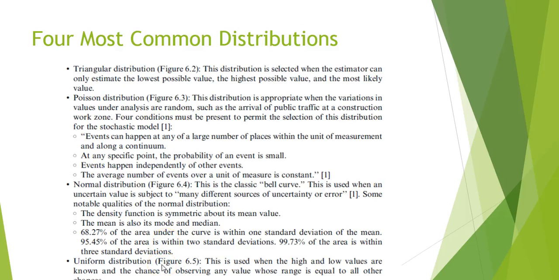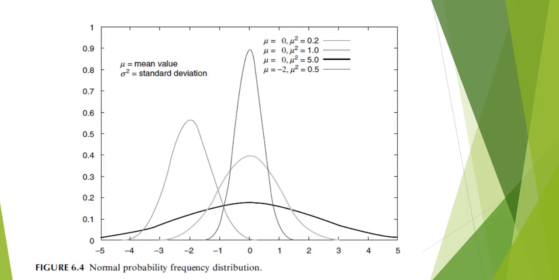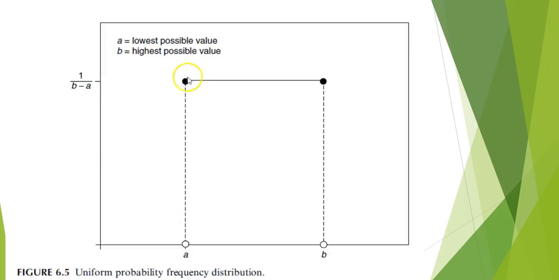There's one last distribution that's commonly used. Again, there are a lot of different distributions, but the uniform distribution, and we'll go up to 6.5, the uniform distribution is just what it says. A is the lowest possible value, B is the highest possible value. The distribution is the same anywhere in between.